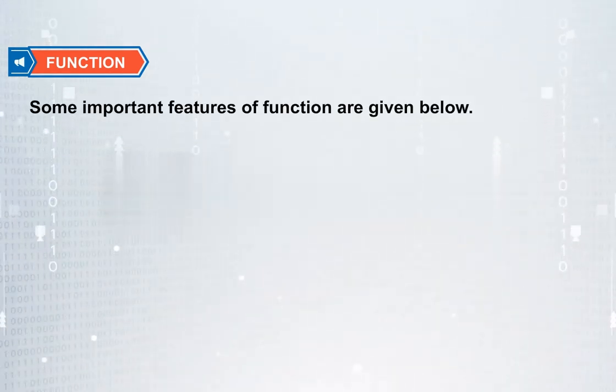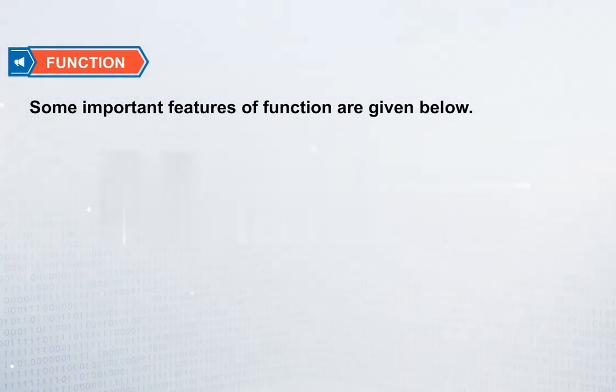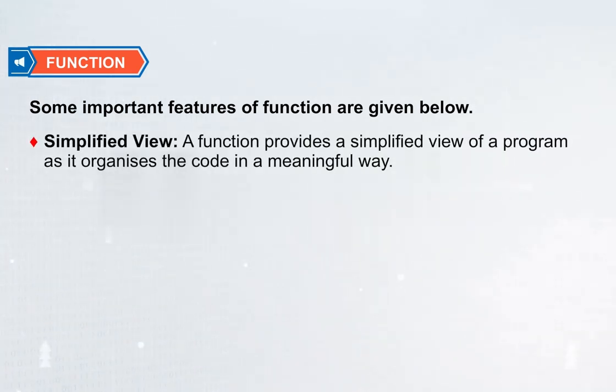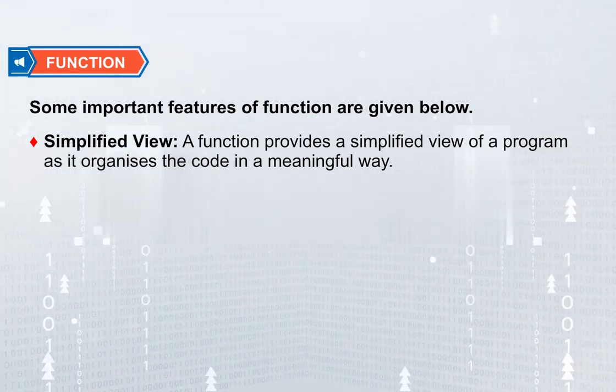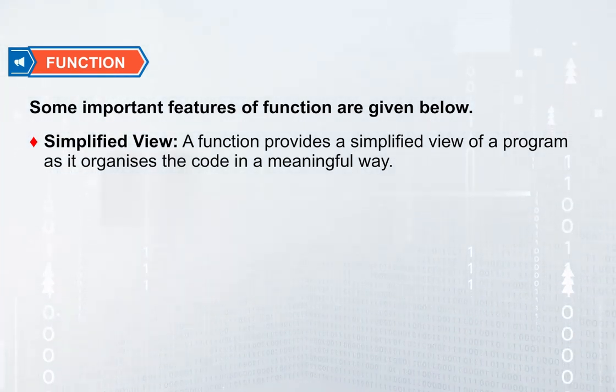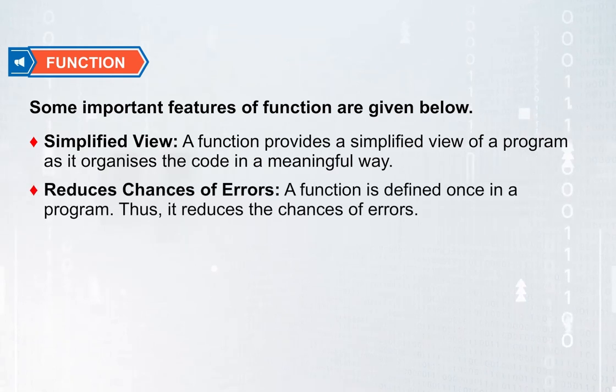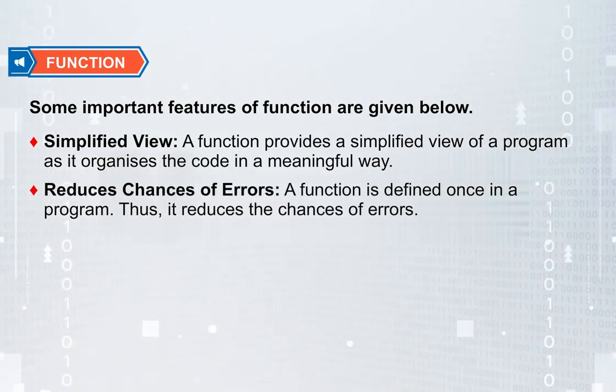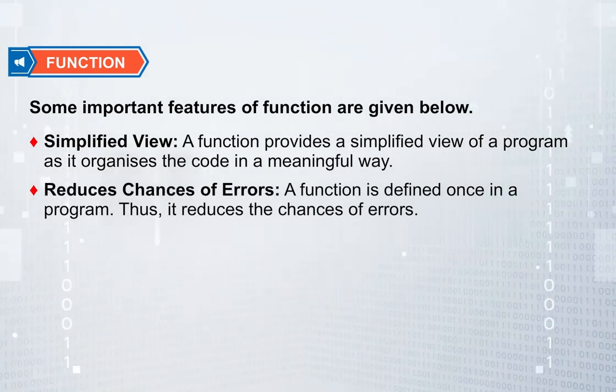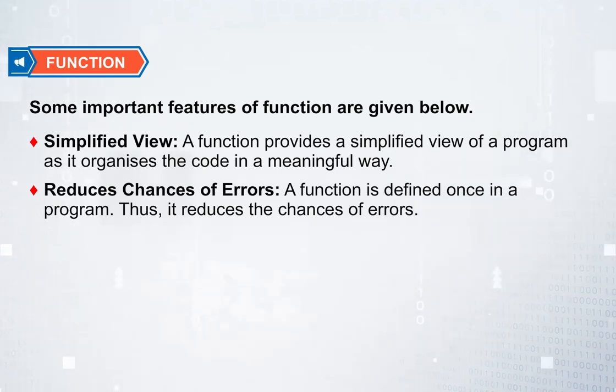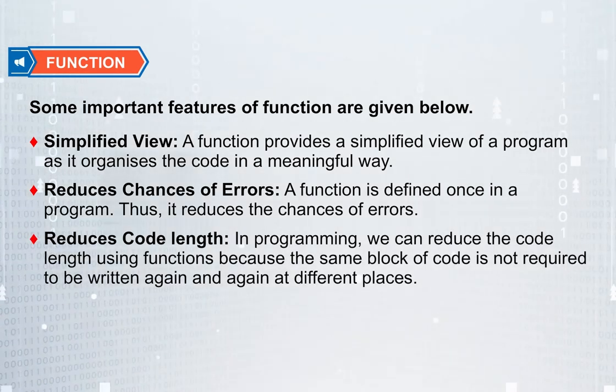Some important features of function are given below. Simplified view. A function provides a simplified view of a program as it organizes the code in a meaningful way. Reduces chances of errors. A function is defined once in a program. Thus, it reduces the chances of errors. Reduces code length.